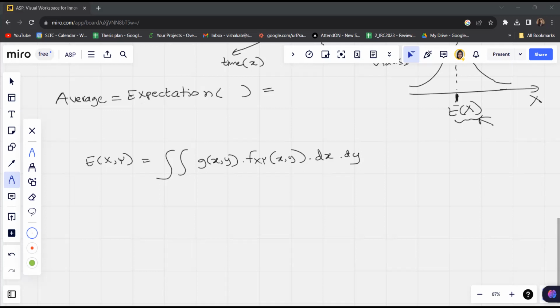So for the other parameters also we will get into the covariance function and the correlation function that we are going to talk about after this regarding the multiple random variable case.